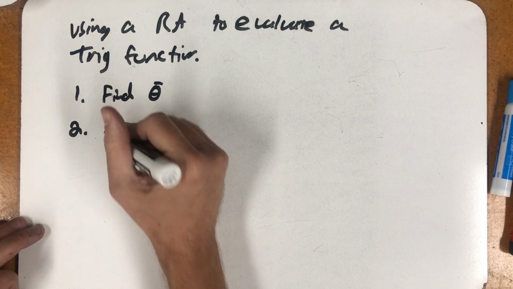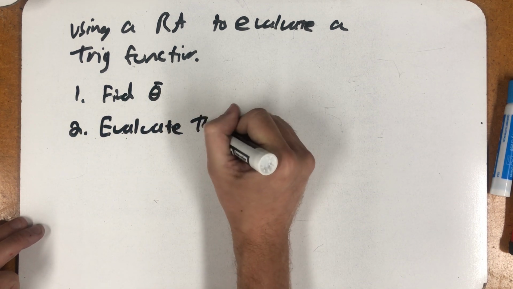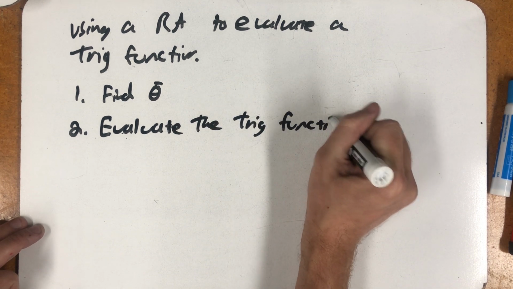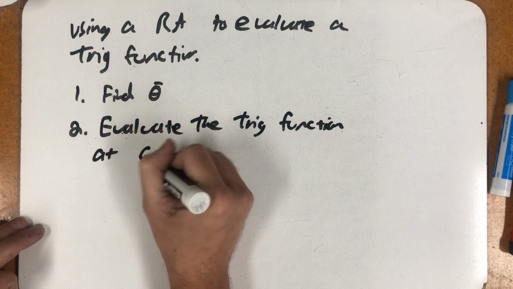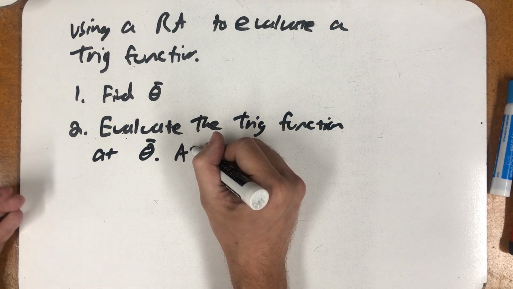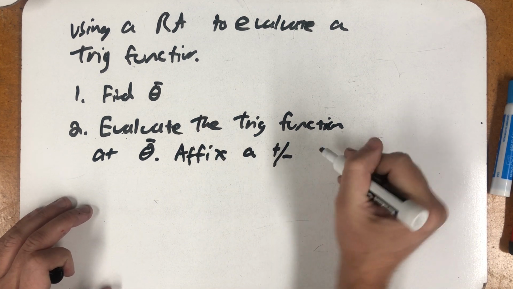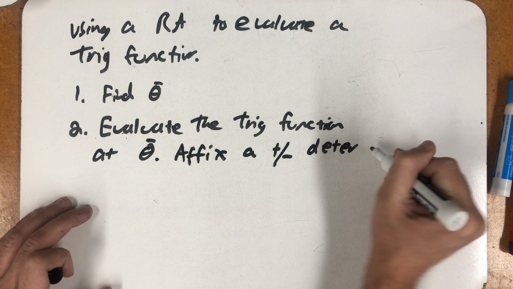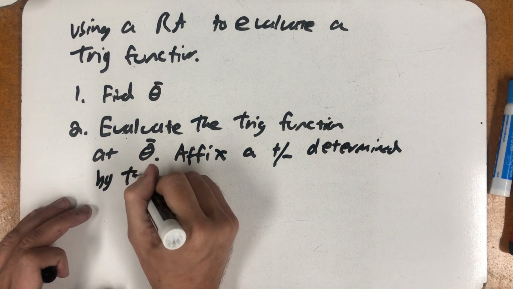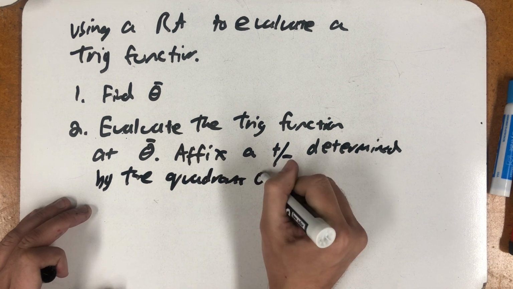And then the second step, evaluate the trig function at theta bar, and then affix, put on a plus or minus determined by the quadrant of theta.